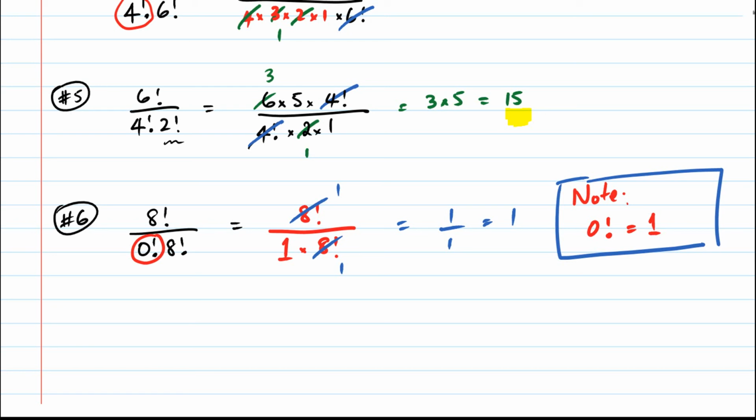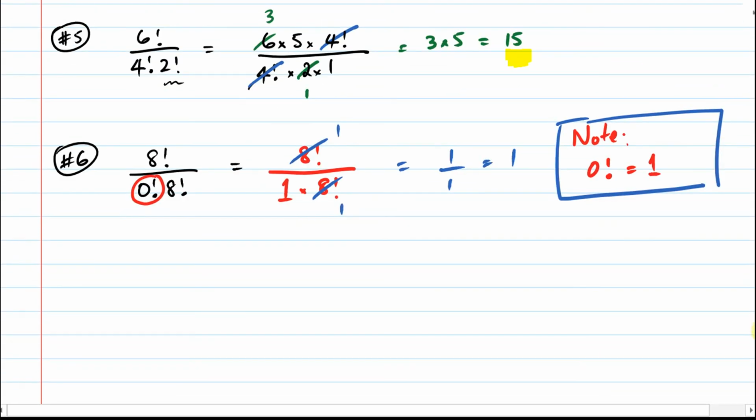All right, let's continue. I promised at the beginning that we would be getting used to 2 new symbols. So let's look at the second symbol that we want to get used to, which is called the binomial coefficient.